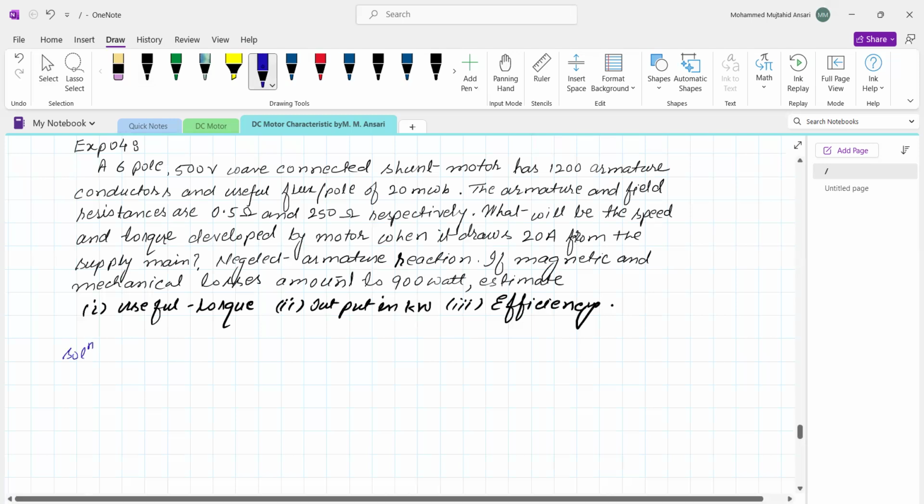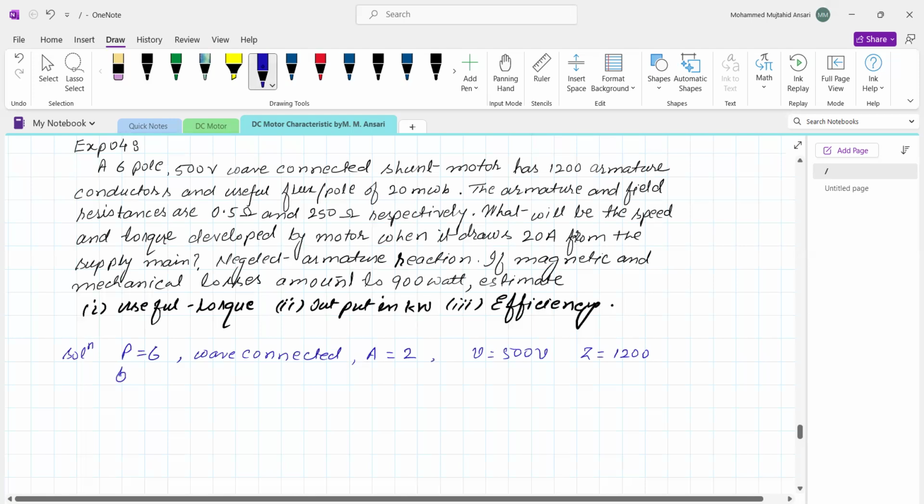It is given that the number of poles P is equal to 6. It is wave connected motor, so therefore A is equal to 2, whereas supply voltage is 500 volt and number of conductors Z is equal to 1200 armature conductors.